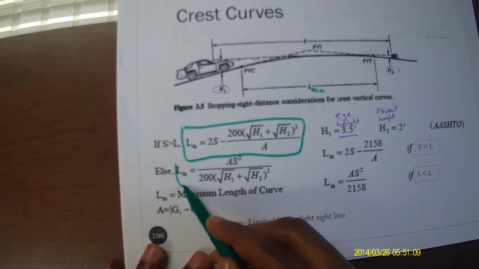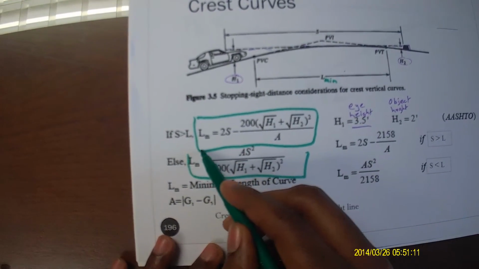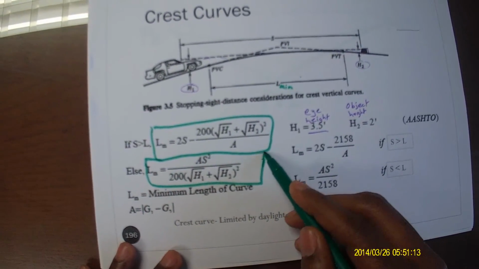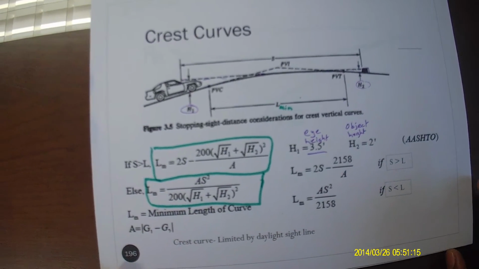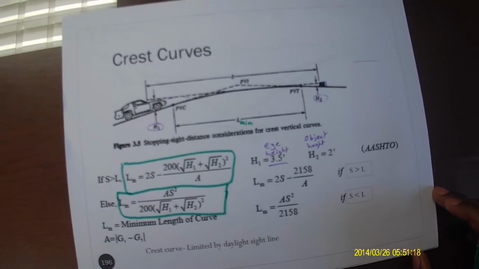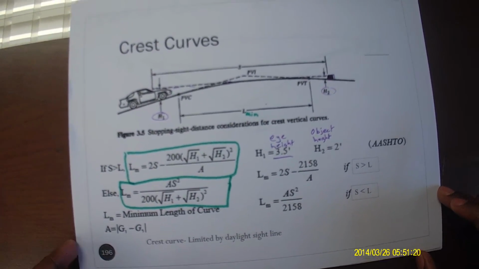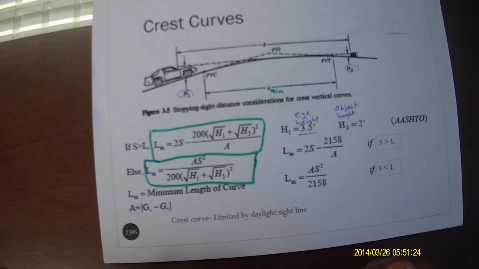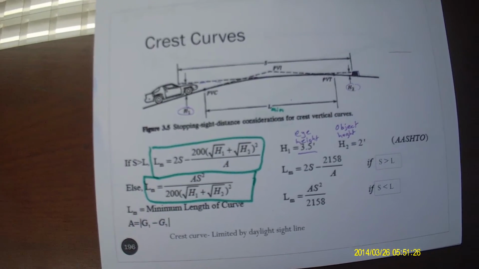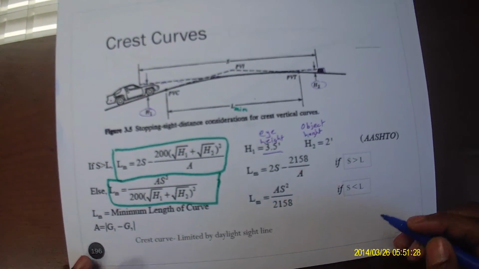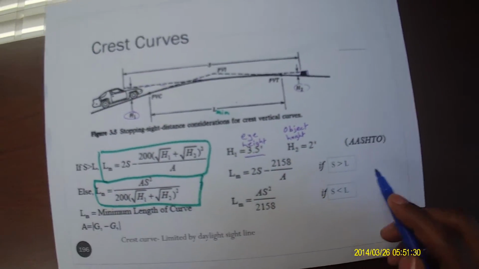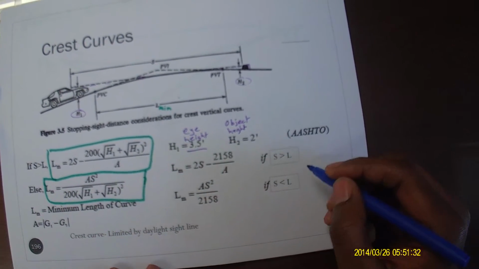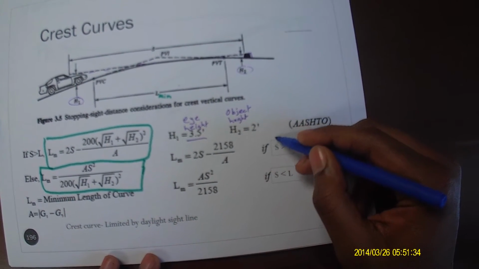And here is the other L-min equation. Which one you use really depends on which one of those equations satisfies the conditions on the road. What do I mean? The conditions on the roadway that I'm referring to are the stopping sight distance in relation to the length. And that is what you see right here.